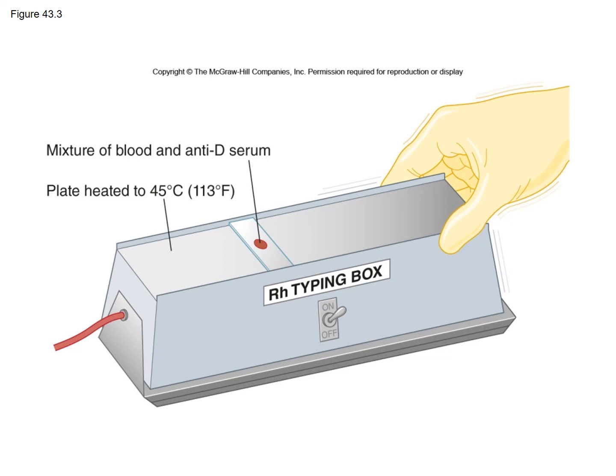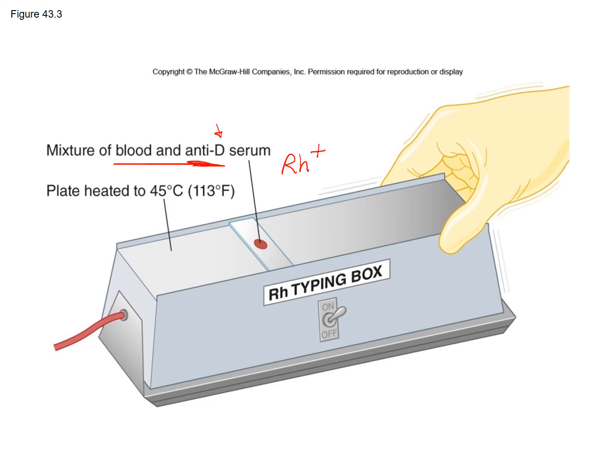There is actually a third factor called the rhesus or Rh blood typing. You add a specific serum called anti-D. This was discovered by chance a long time ago. It's a mixture of the blood and the anti-D serum here. If you add the anti-D and clumping happens, that means it's rhesus positive, or Rh positive.